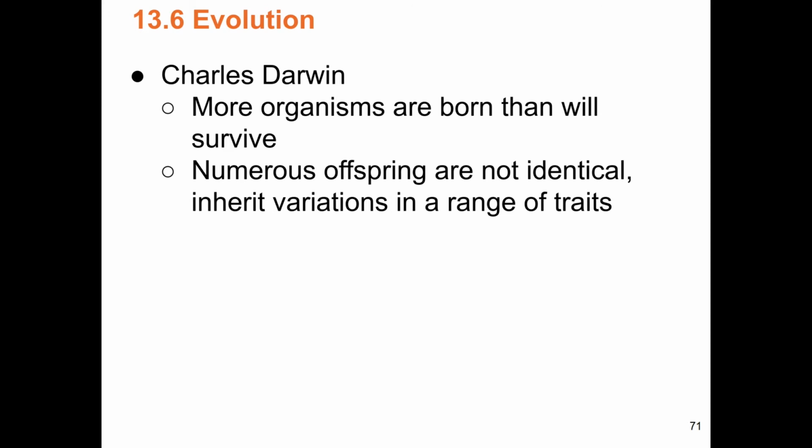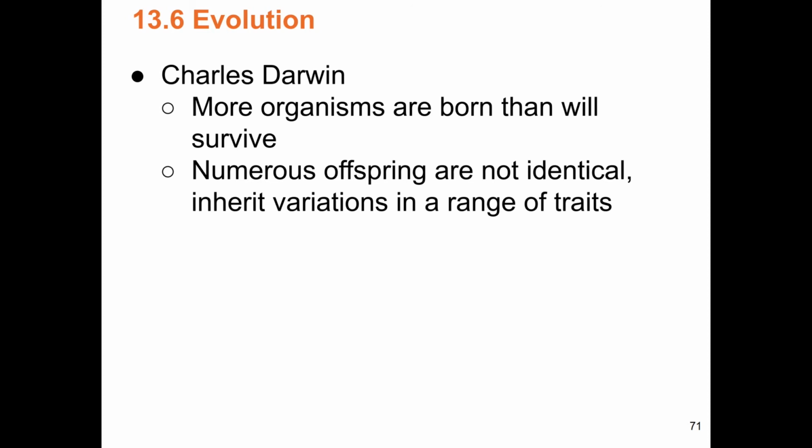Numerous offspring are not identical. If there are inheritable characteristics like height or eye color or hair color or having a longer beak or a shorter beak or a stronger beak, all of those are variations that individuals would express. Like I said, if you've ever planted seeds, you know that they don't all grow equally well.